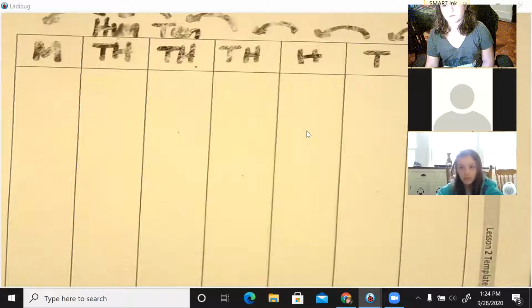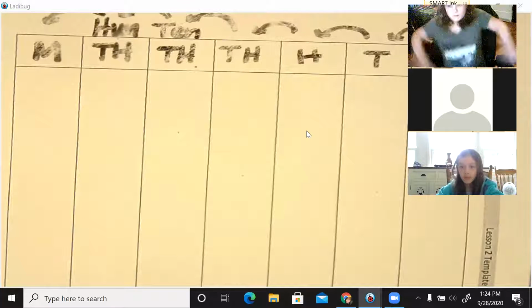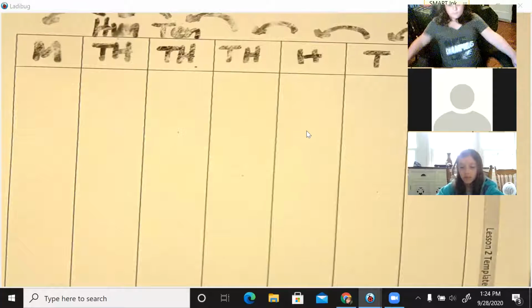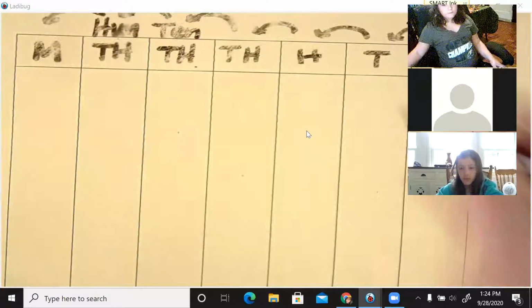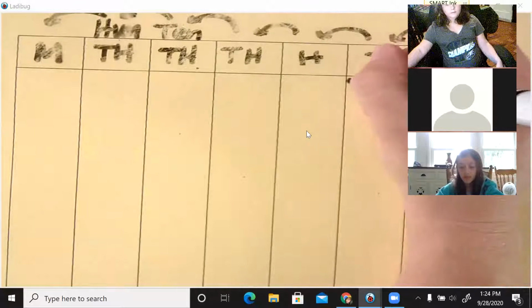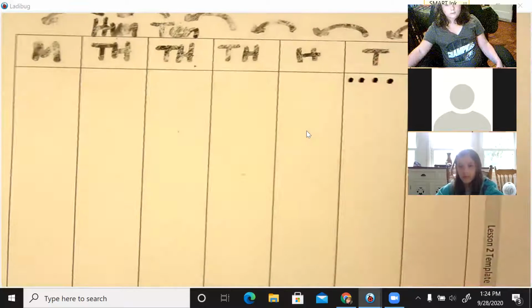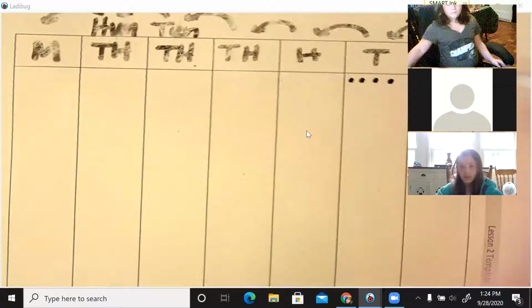Okay, so we're going to start with 4 tens and 3 ones times 10. The first thing we're going to do is draw what we know. So I'm going to draw my 4 tens and my 3 ones.